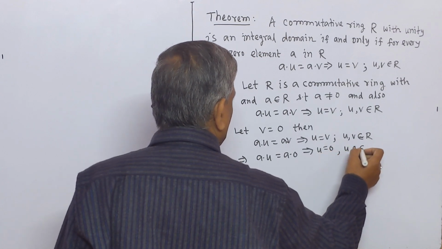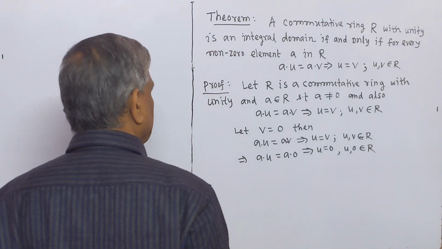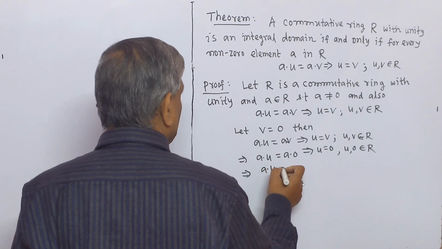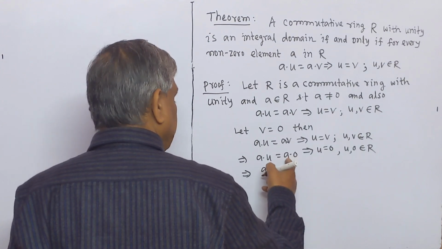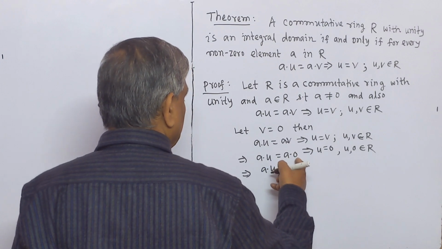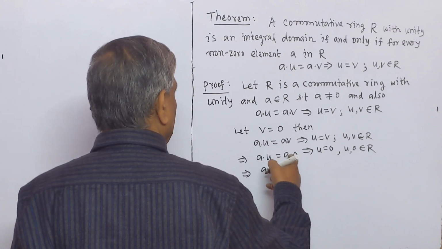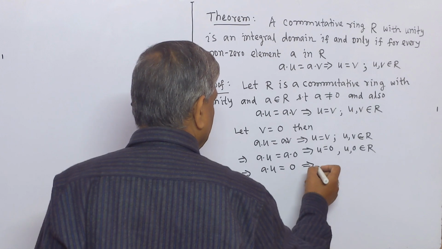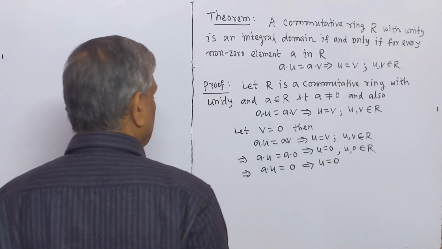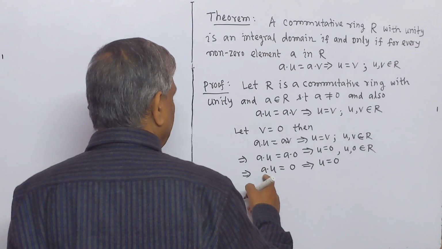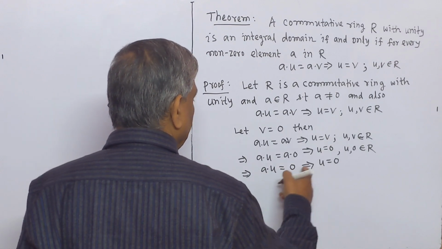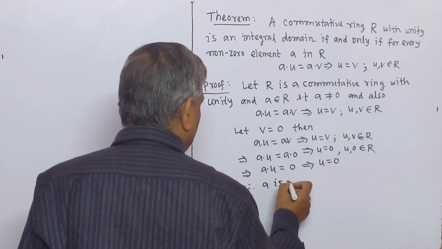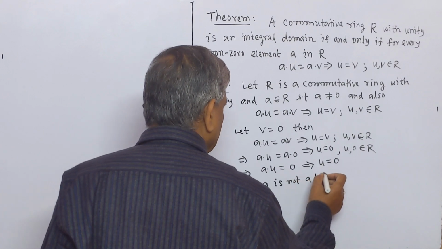Here a is a non-zero element and 0 is the 0 element, the product of any non-zero element with 0 element is 0, this is 0 implies that u equal to 0. So for a not equal to 0, au equal to 0 implies that u equal to 0. Therefore, a is not a left divisor of 0.